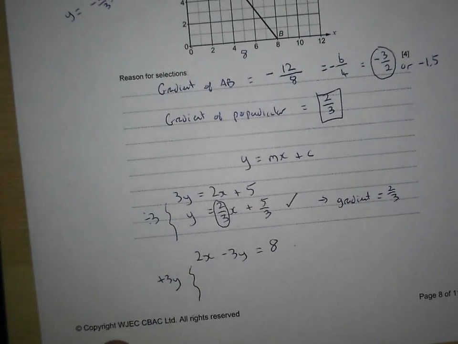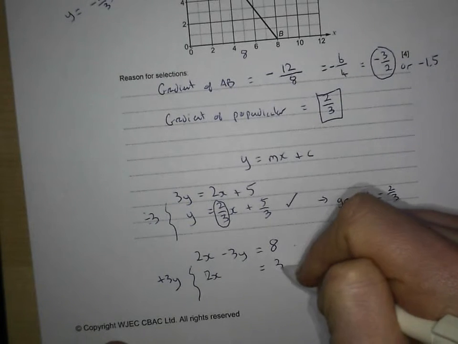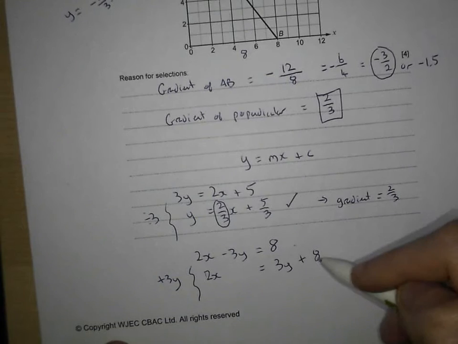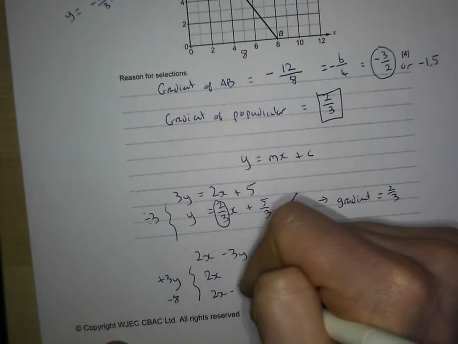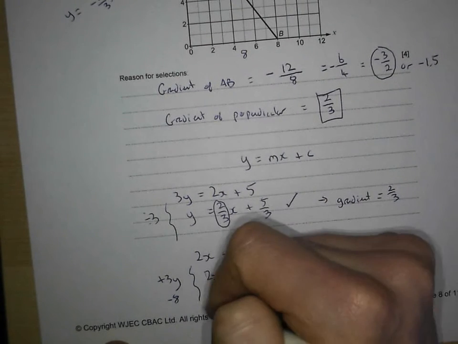So I end up with 2x there, and I get equals, and I've got my positive 3y over here, and I've still got a positive 8 over there. Now I'm going to take 8 off both sides. So I end up with 2x take 8 is equal to 3y. And finally, I'm going to divide both sides by 3.